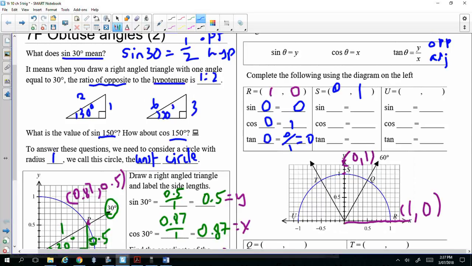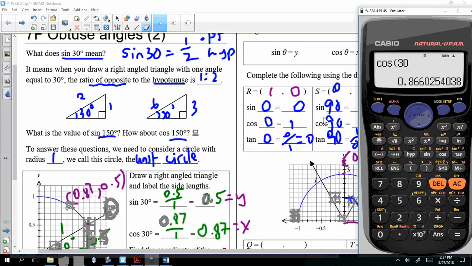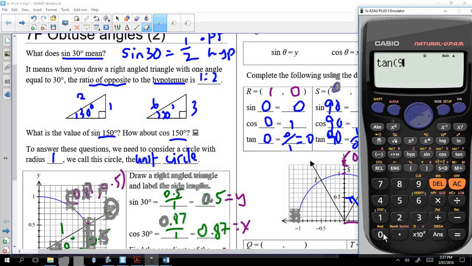Cos 90 is x, which is 0. And then tan 90 is 1 over 0, which is undefined. Now, how do you know it's undefined? Let's use your calculator. Tan 0 is 0, but if you do tan 90, you get an error, which means undefined.